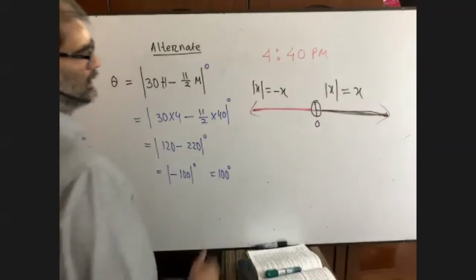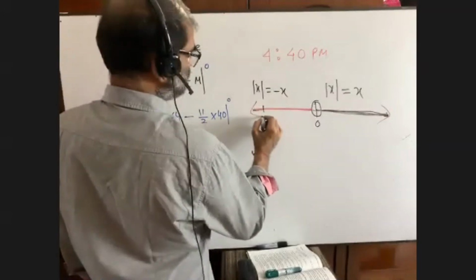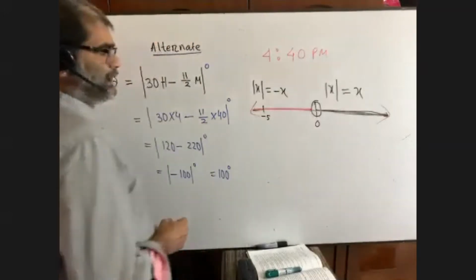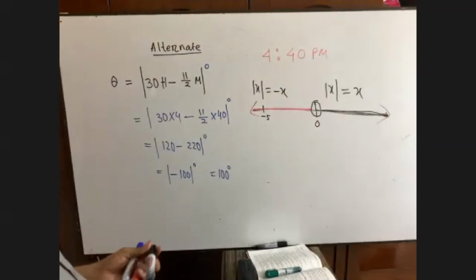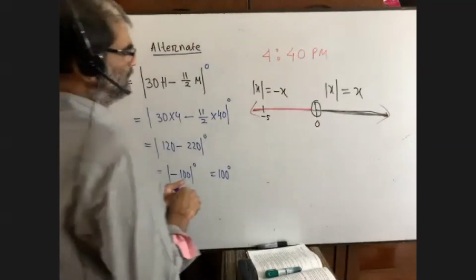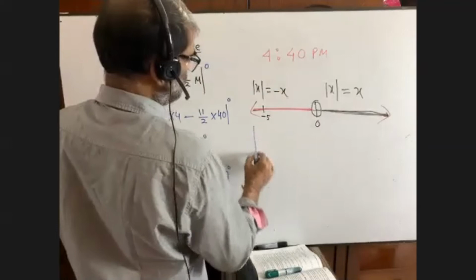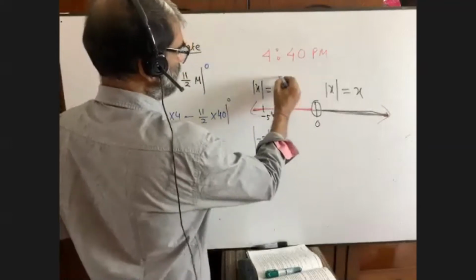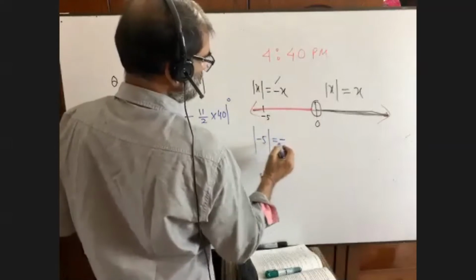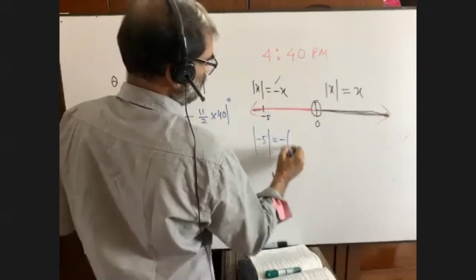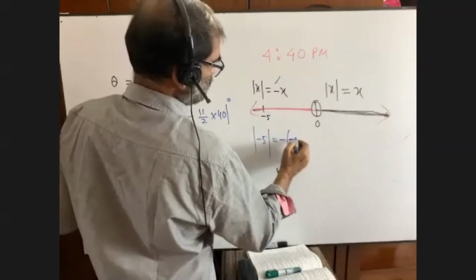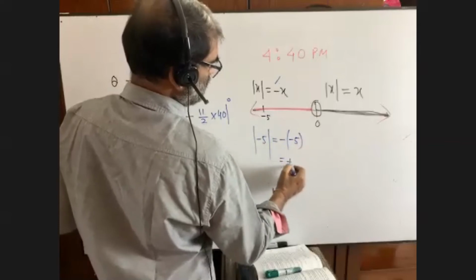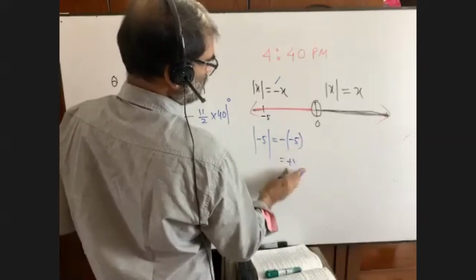Suppose you are getting this point minus 5. Its absolute value will be, there is a minus in the formula, minus x. What is x? Minus 5 is the x. So we are getting plus 5.